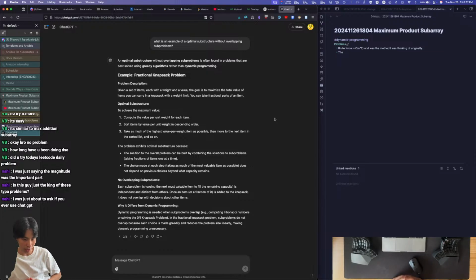Why does it differ from dynamic programming? Dynamic programming is needed when subproblems overlap. In the fractional knapsack, subproblems do not overlap because each choice is made greedily and reduces the problem size linearly, making dynamic programming unnecessary.